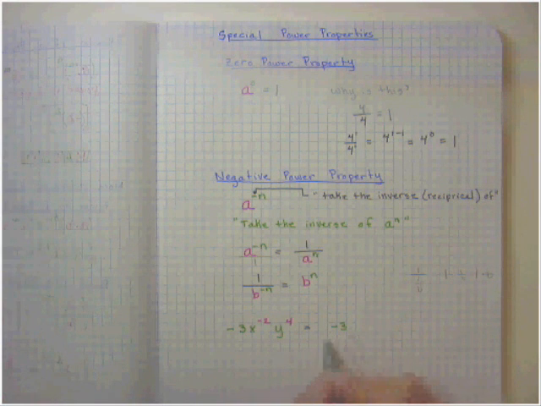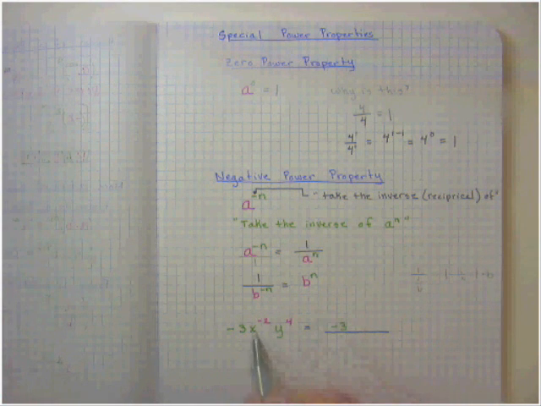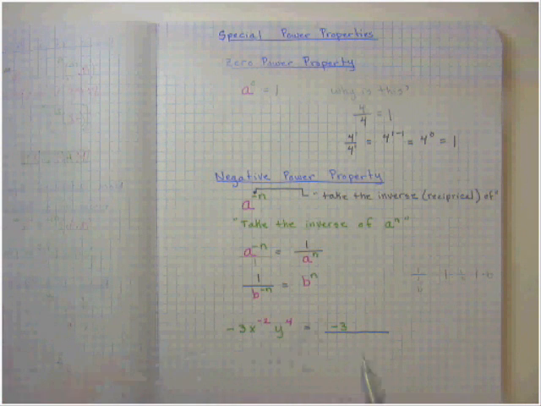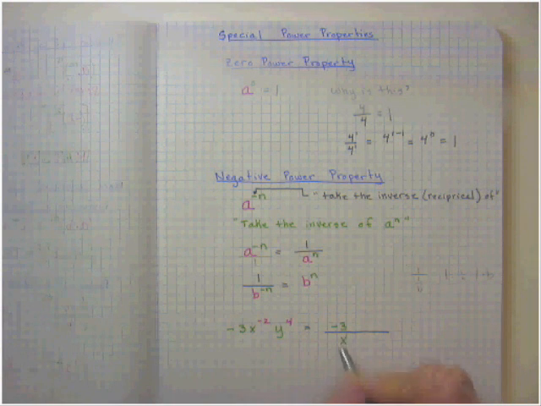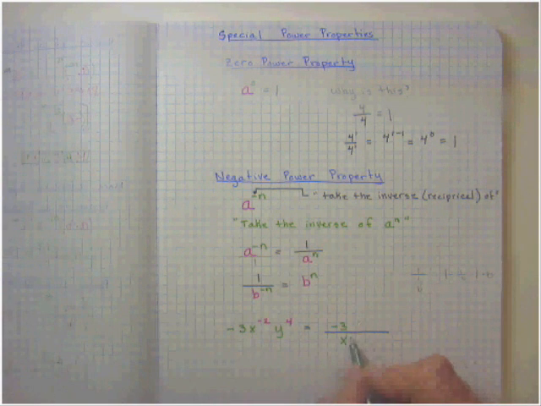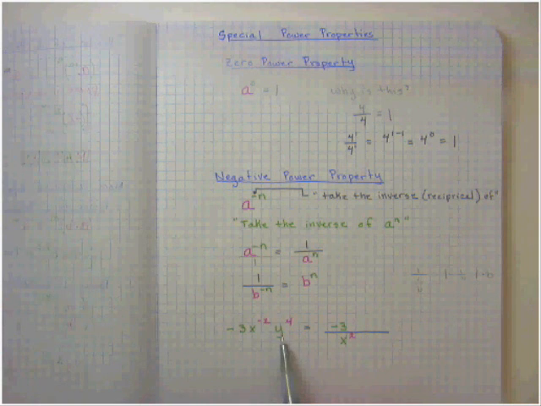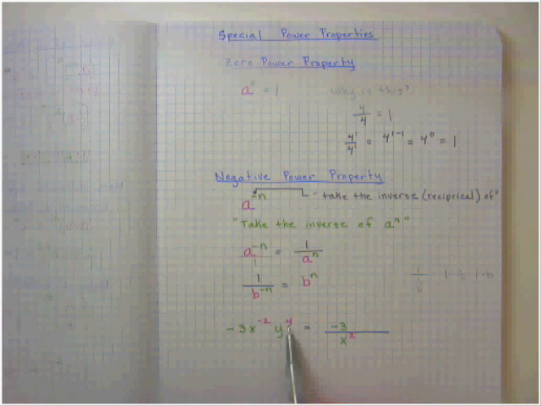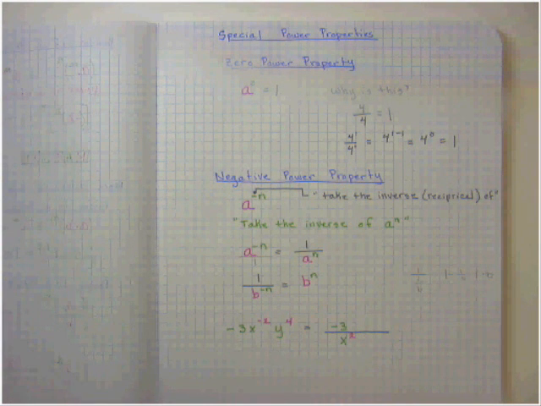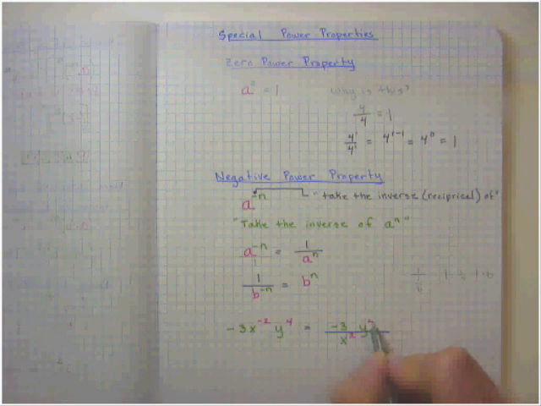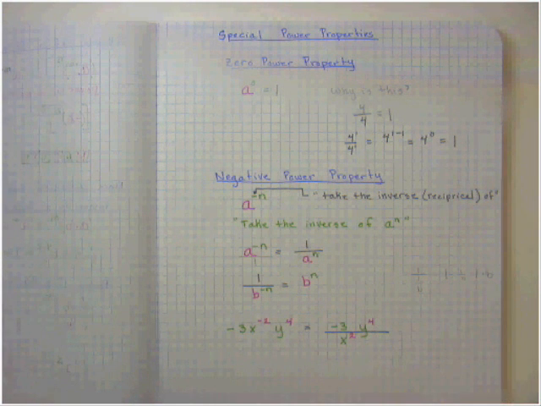So we're going to leave it in the numerator. Now this is x to the negative 2. Well, this is take the inverse of x squared. So the inverse of x squared would be putting my x in the denominator. The other way of looking at that is my x has crossed the line, so the exponent changed its sign. Now, my y to the 4th, nothing's happening there. There's no negative sign there. So my y wants to stay where it is, and my exponent stays where it is. So that's how we do that.